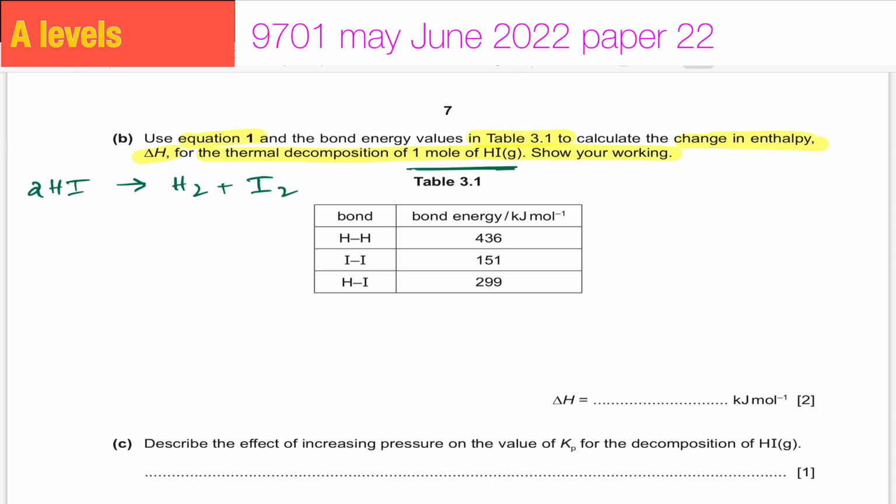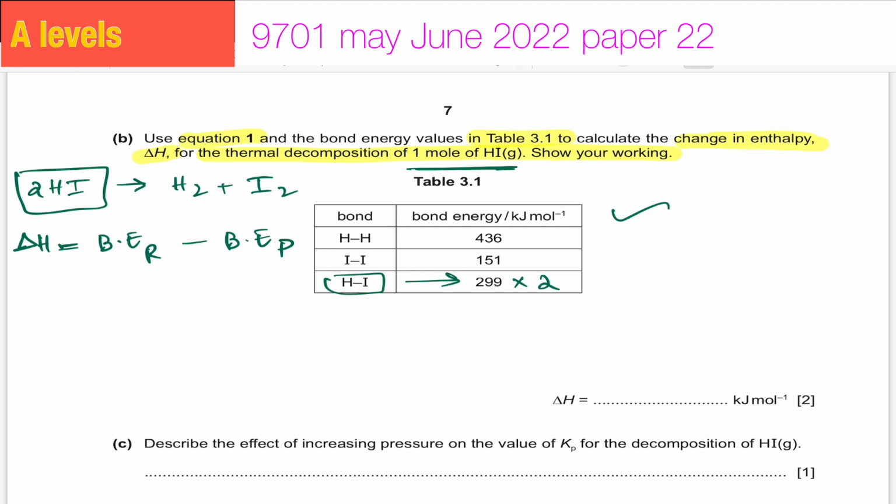Right, so you can solve this question by drawing the energy cycle for bond energies, or you can simply solve it by the formula that, if we have bond energy data, delta H would be equal to bond energy of reactants minus bond energy of products. So the bond energy of reactants, this is the reactant side. We have 2 moles of hydrogen iodide, and the energy for hydrogen iodide is 299.